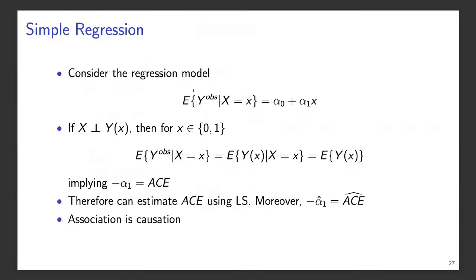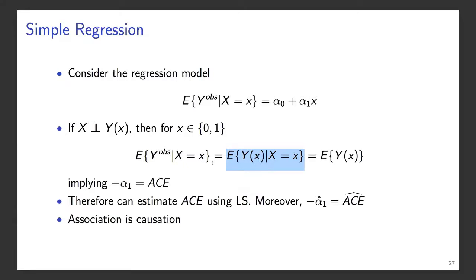So this means that if you do something really simple, you'll get the right answer. So for example, if you fit a regression model of the observed outcome on X, then on the left-hand side of that regression model, we could rewrite that. So the expected value of the observed outcome given X, well, that's the expected value of Y of x given X equals x.